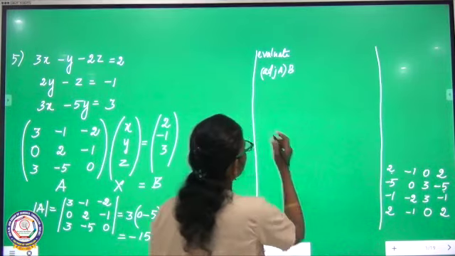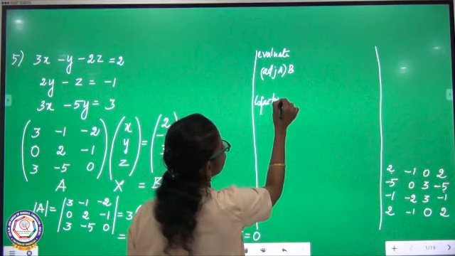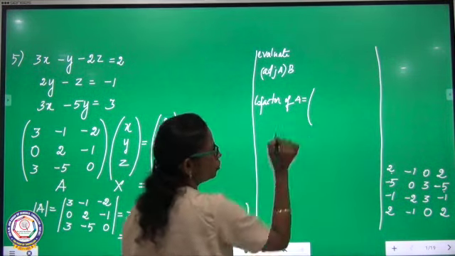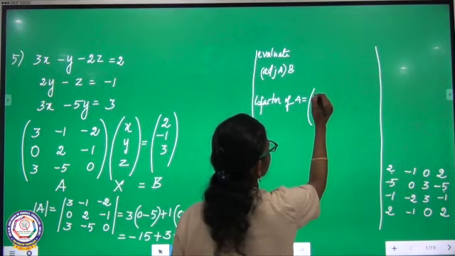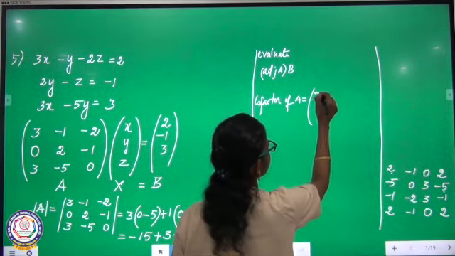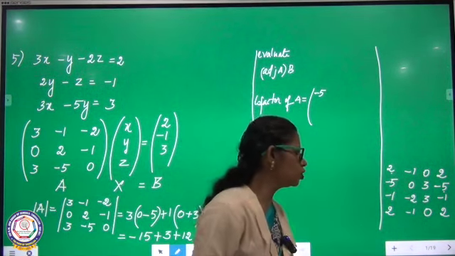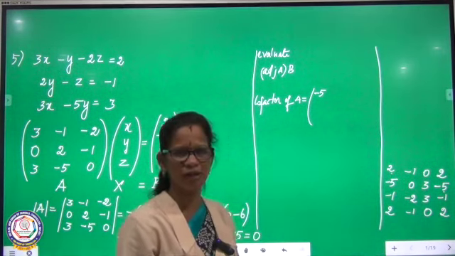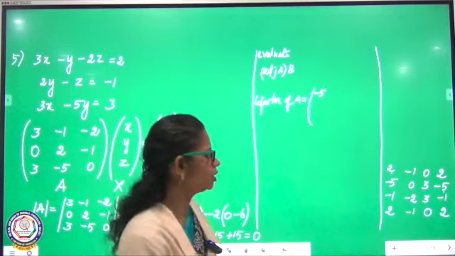Now cofactor of A. Cofactor of A equals 0, -5. So I am going to write straight away -5. 2 into 0 is 0, -5 into -1 is plus 5. You will get minus 0 minus 5, which is -5.